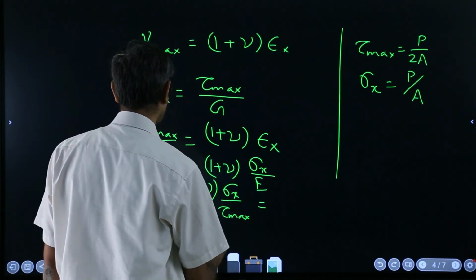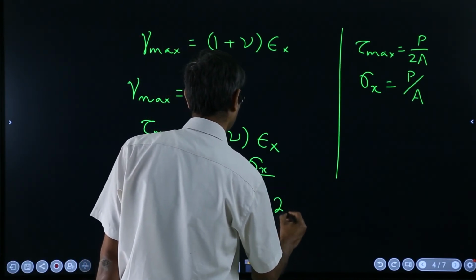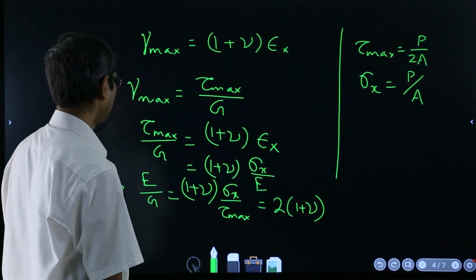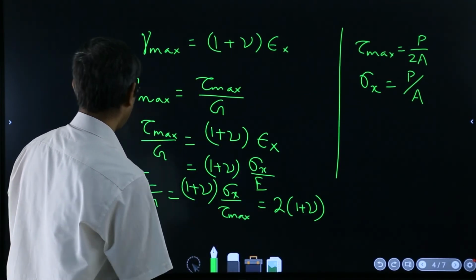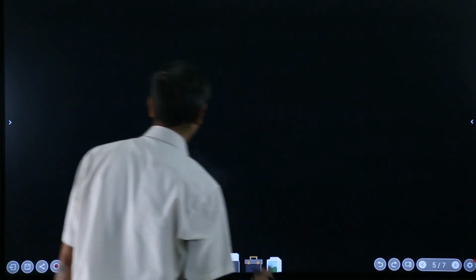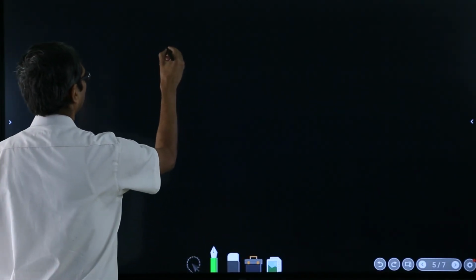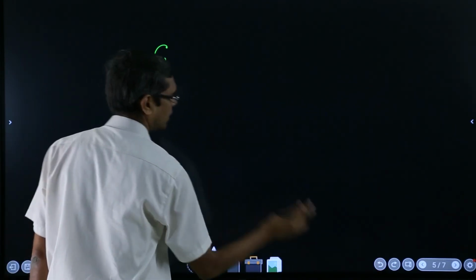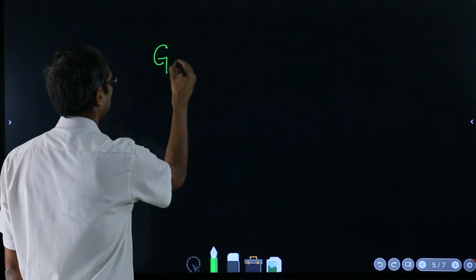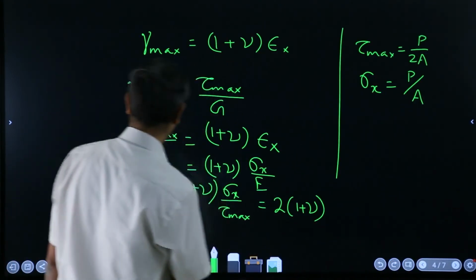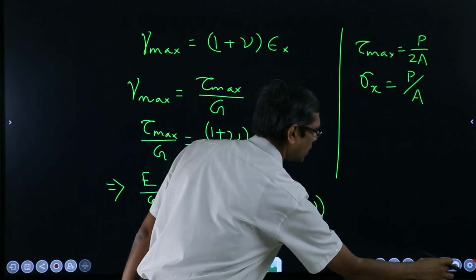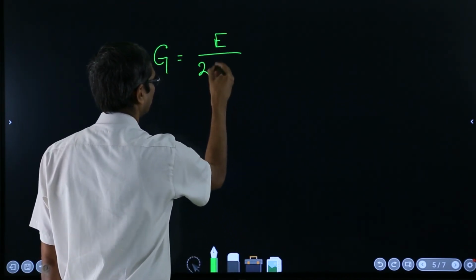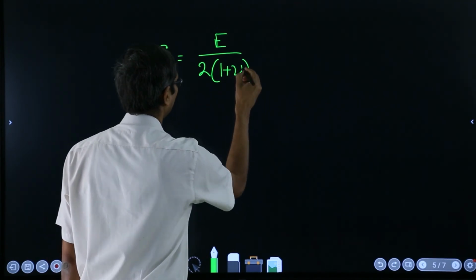So you will get 2 times (1 plus nu), right. So implies that I can now write the final expression for my shear modulus G: G is nothing but E over 2 times (1 plus nu).